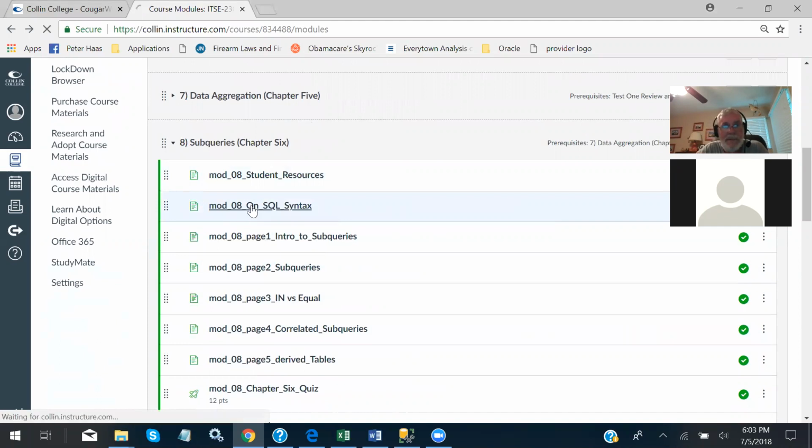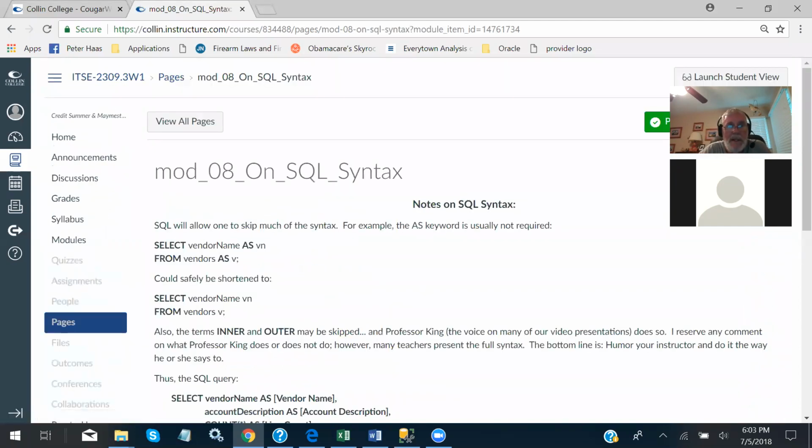SQL will allow you to skip a lot of the syntax, although I don't want you to do this. For example, if I say select vendor name as VN, you can shorten this to select vendor name VN with no comma between them. So instead of as, you just drop it and leave a space.